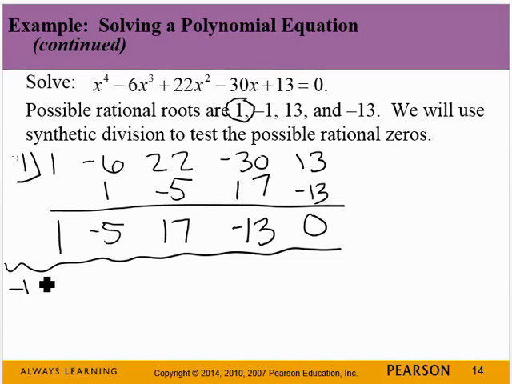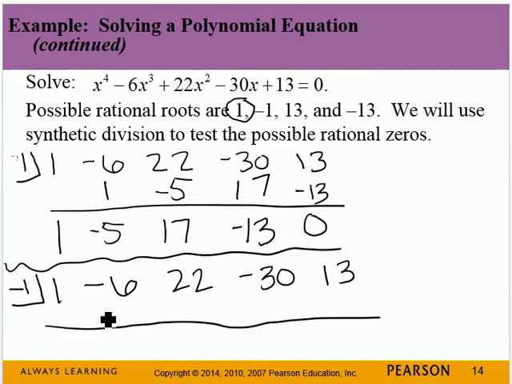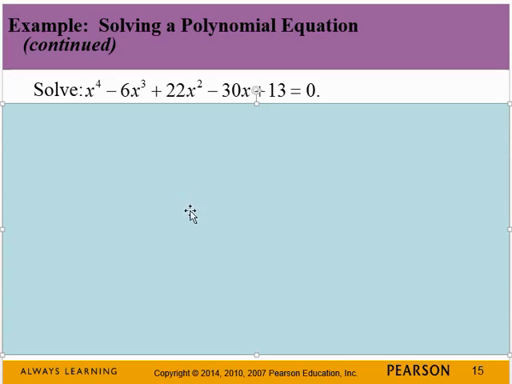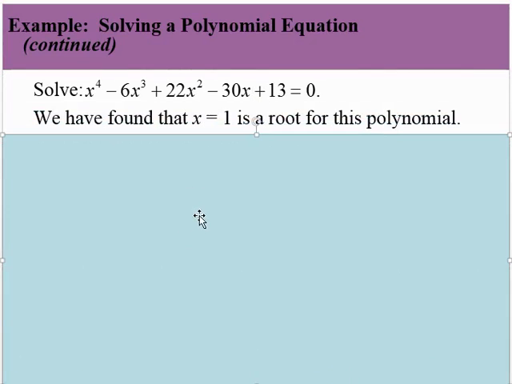Let's try negative 1. So negative 1 is not a possibility. So we found that x equals 1 is a root of this polynomial.